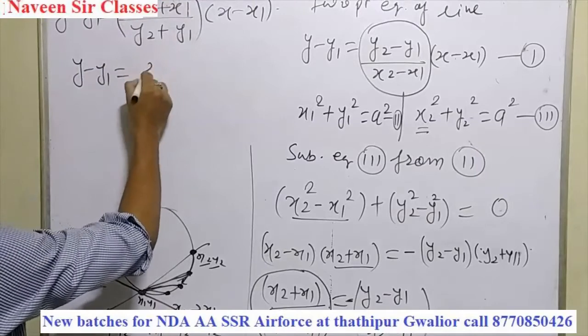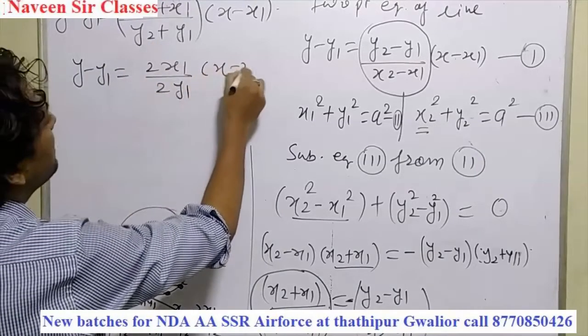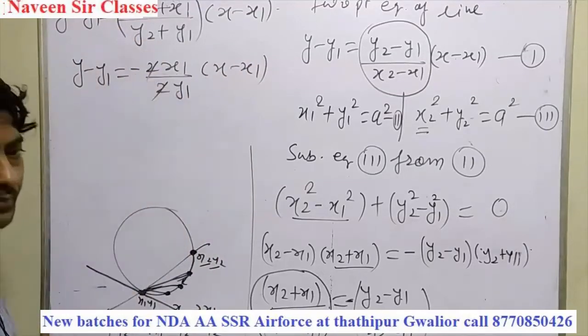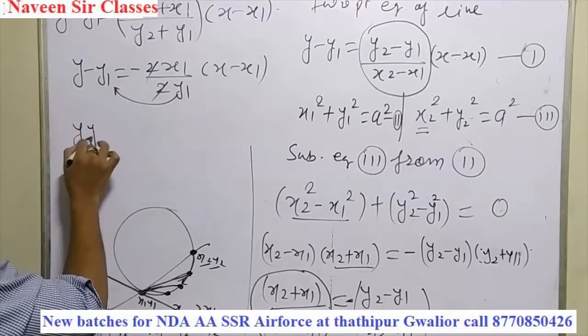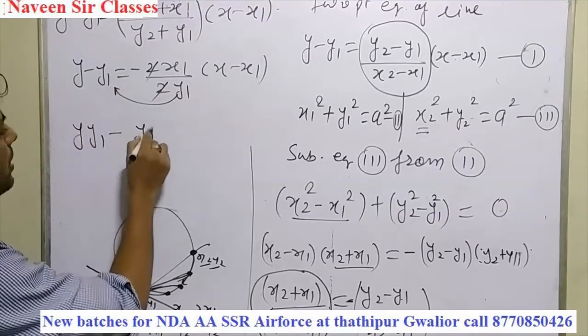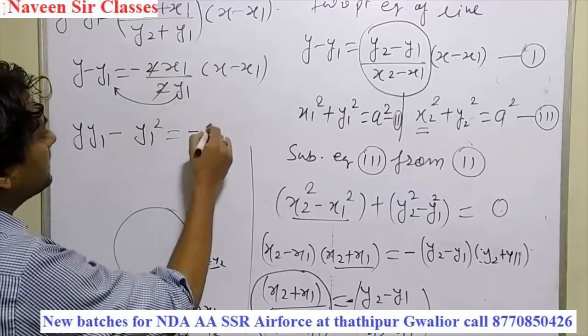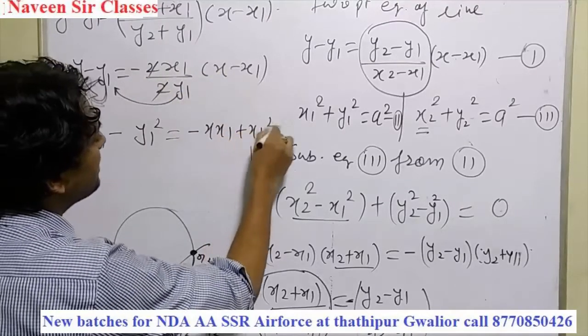We'll put 2x1 and 2y1, x minus x1, and this minus, 2 and 2 cancel. So cross multiplication, y1 minus y1 square equal to minus x1 and plus x1 square.